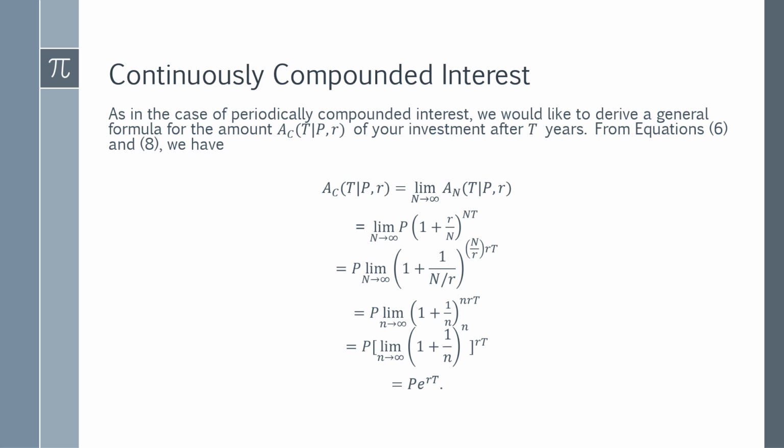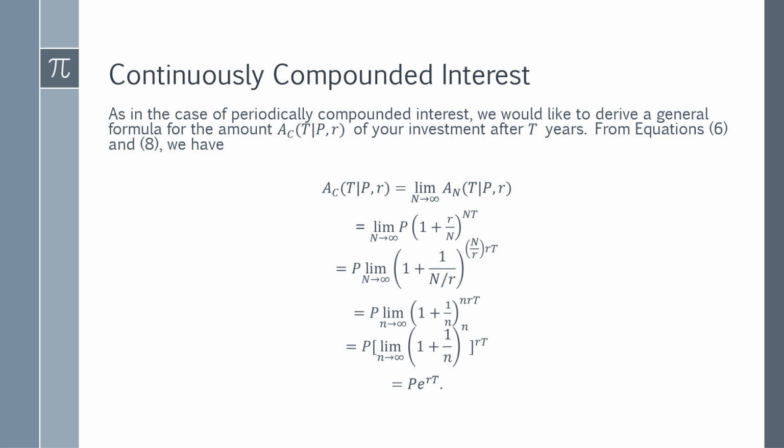From equations 6 and 8, we have A sub C of t is equal to the limit as n goes to infinity of A sub n of t, which is the limit as n goes to infinity of P times 1 plus r over n to the nt, which is P times the limit of 1 plus 1 over capital N to the power capital N times rt, where capital N is n over r.